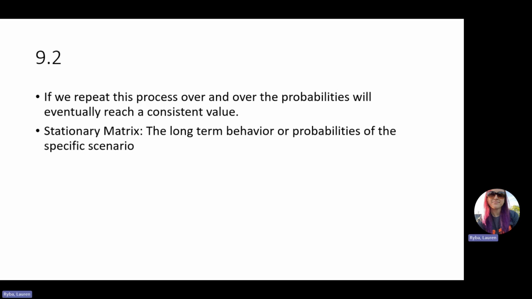It will eventually get to the point where if we run it enough times, every time you try to run the transition matrix again, you're no longer changing your overall values. So that is called the stationary matrix, which is the long-term behavior or probabilities of a specific scenario. That is what we are going to look at, find today.